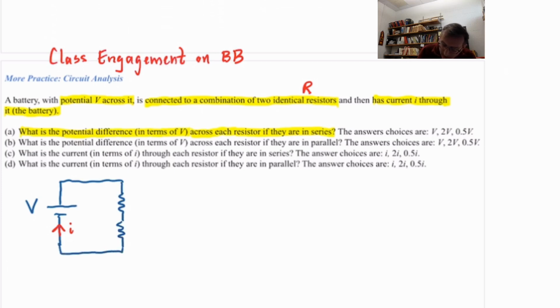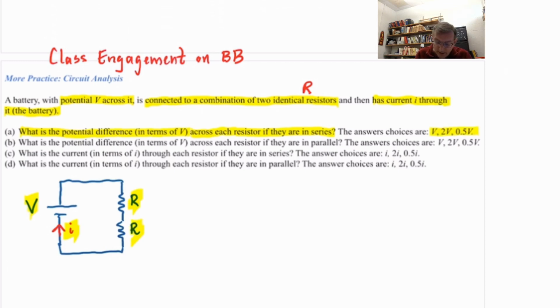That's the two identical resistors in series connected across the battery. So in question A, you are asked for the potential difference across each resistor. And the answer choices are V, 2V, or 1/2 V.